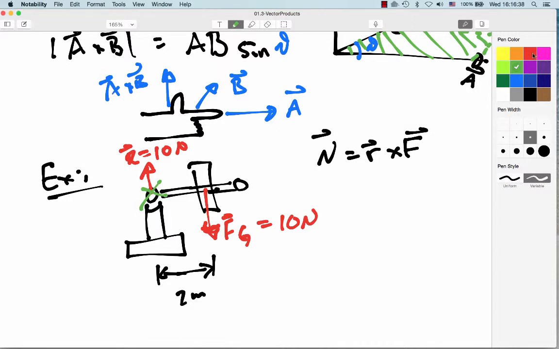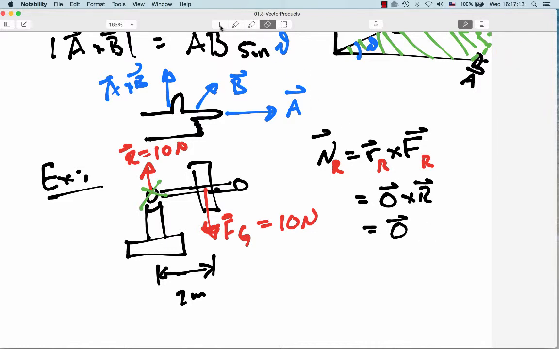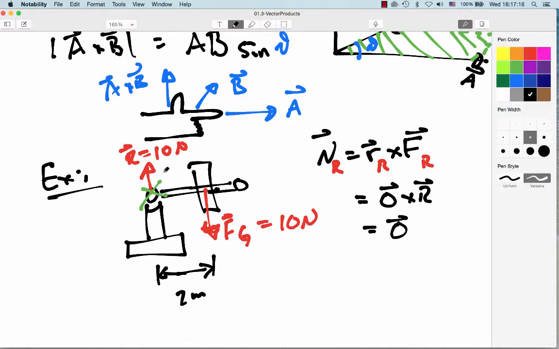That means if I want to find the torque due to the reaction force, that would be the position of the reaction force crossed with the reaction force R itself. Okay, well in that particular case, it's going to be the null vector crossed with R because the reaction force is being applied at the axis we care about. And the null vector crossed with anything is just the null vector. So we get no torque about the rotation axis due to the support axis itself.